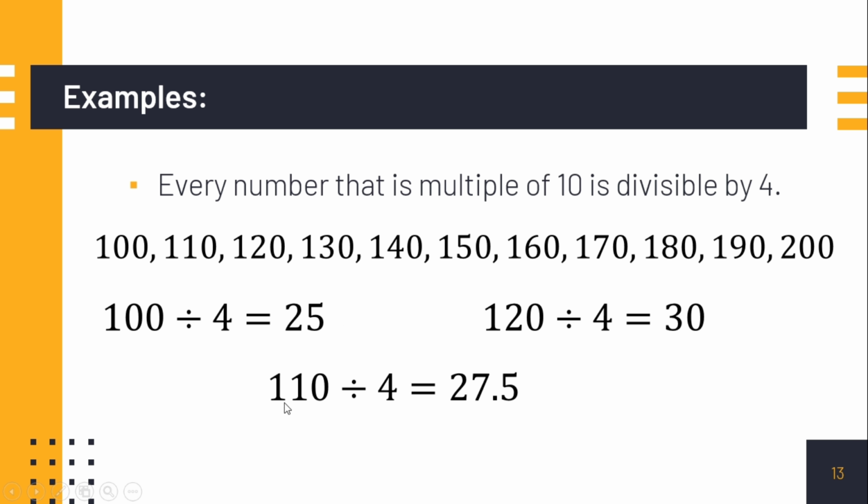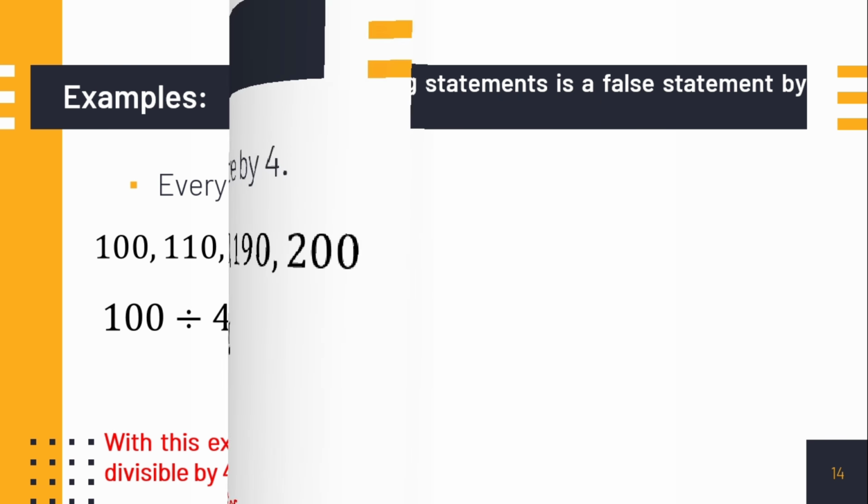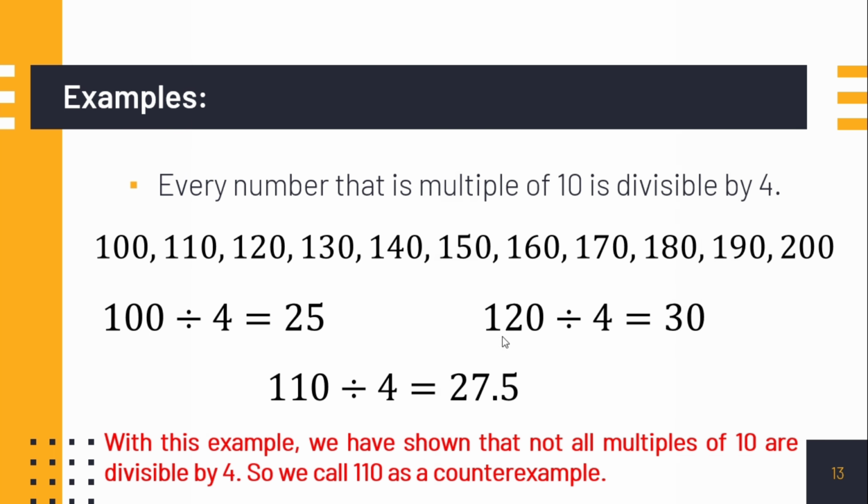So what will be our conclusion here? Or by the way, what will be the counterexample? With this example, we have shown that not all multiples of 10 are divisible by 4. So we call 110 a counterexample.